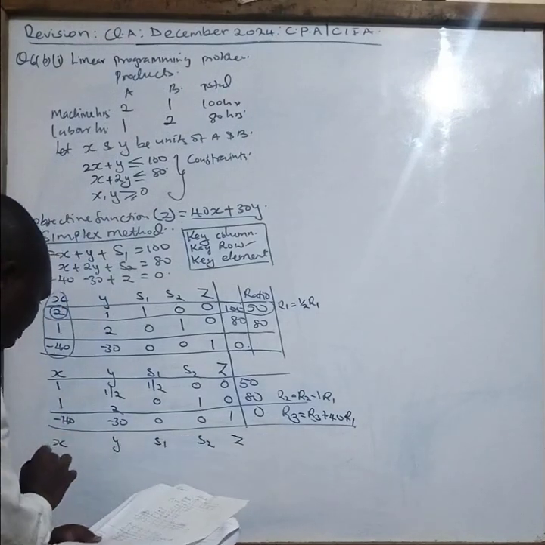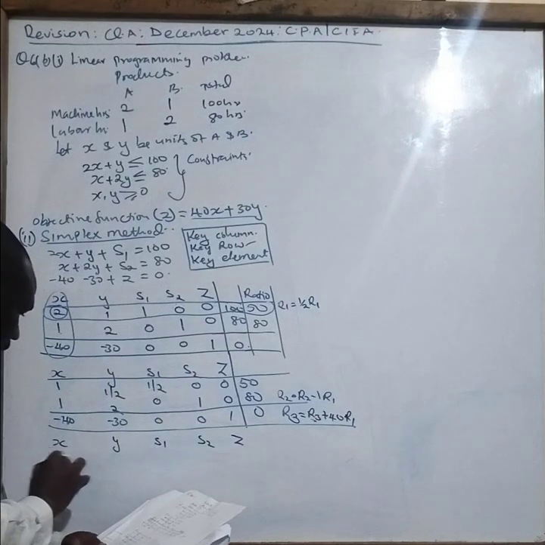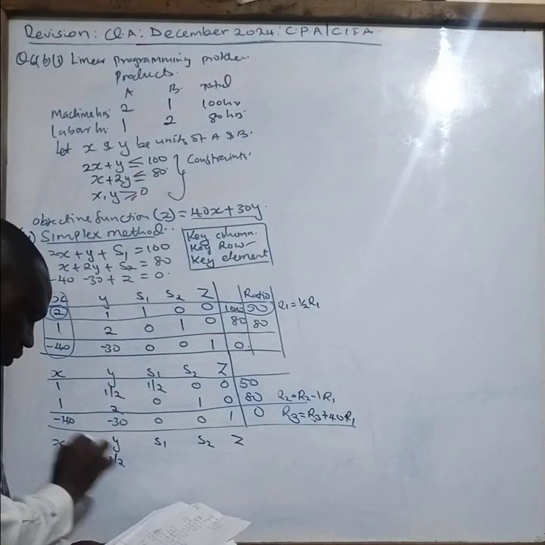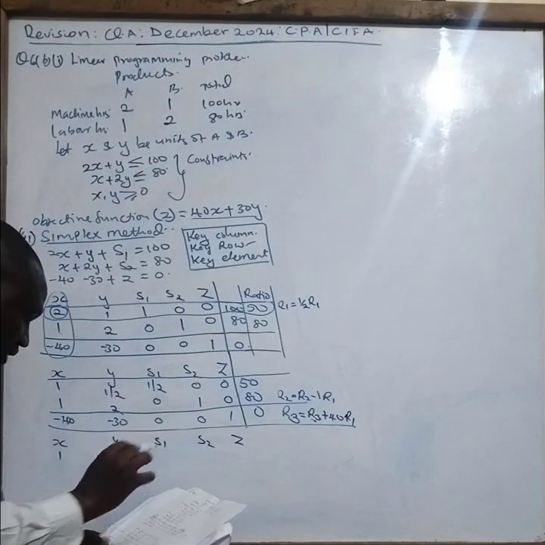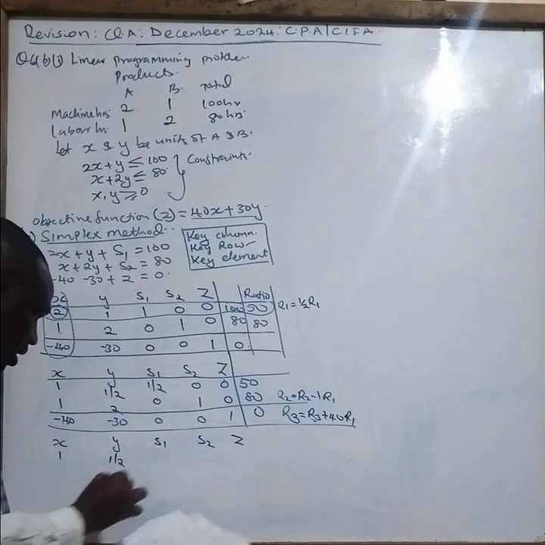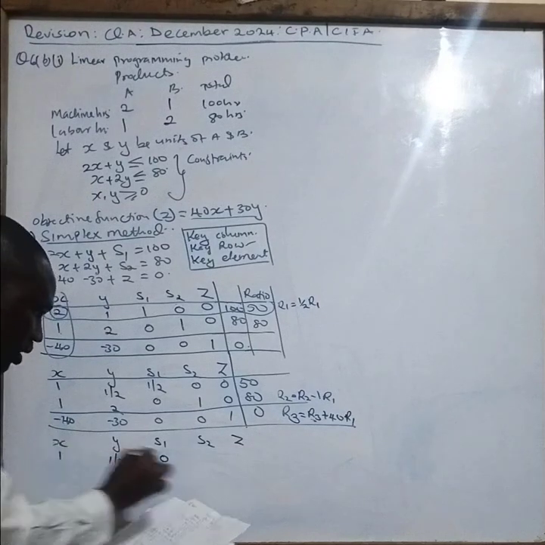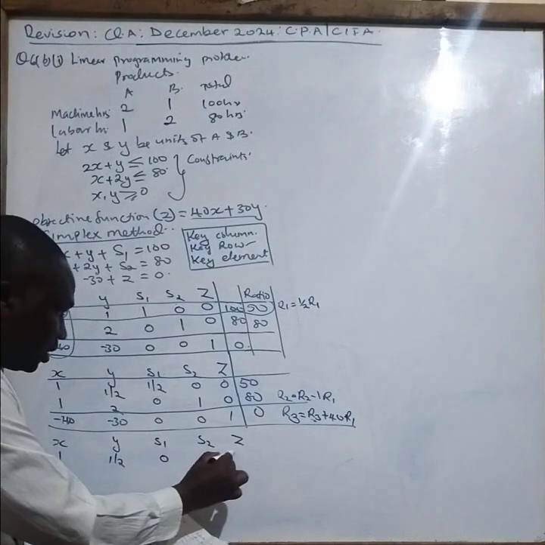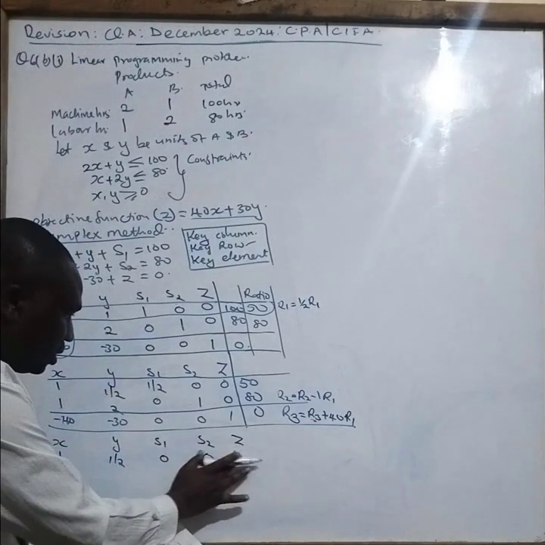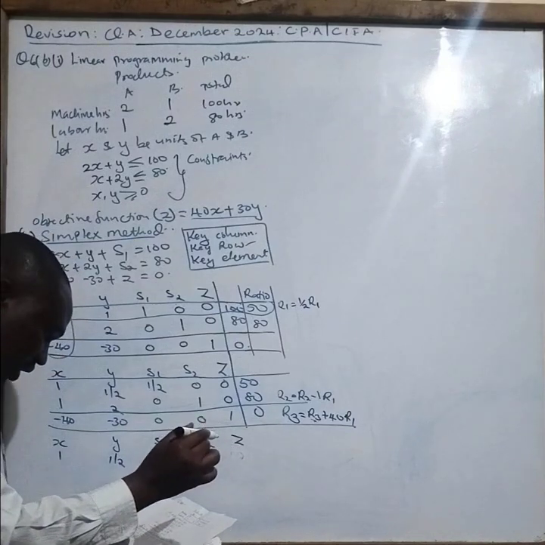When you substitute now, you will get 1 here, a half. Correct? If you substitute as I've said, you will get a half there. You will get 0 here. You will get 0 here. And you will get 100 here. You get Z here 0.